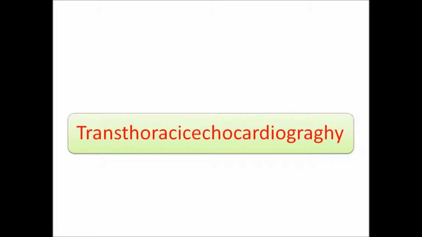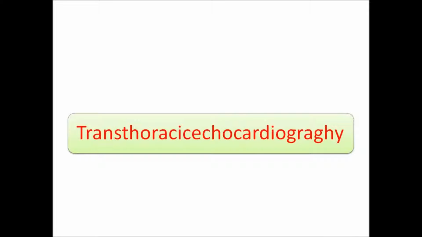This is the most important investigation to be done for a patient with suspected heart failure. Any patient with suspected heart failure should have an echo, and preferably a transesophageal echocardiography. That is, the echocardiographic device is passed through the esophagus just behind the heart.